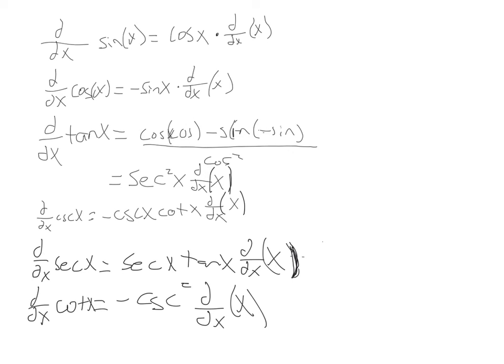And if you do it correctly, we come up with negative 0.8414709848 plus 0.5403023059. Therefore, I say that my slope is equal to negative 0.3011686789. There's the slope of my line.